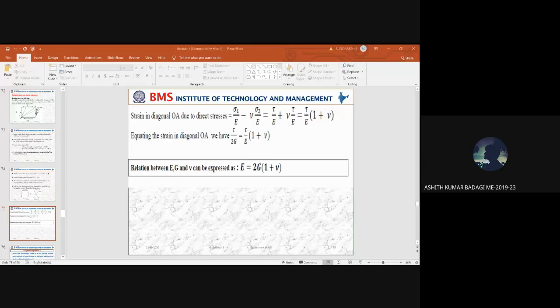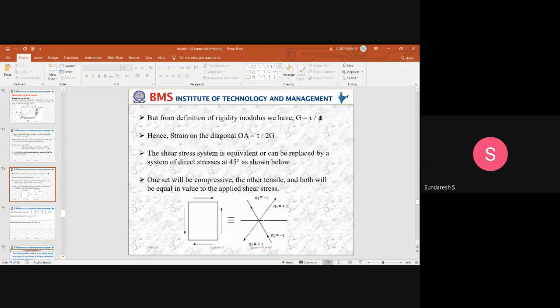Sir, can you show the previous slide, sir? Yeah, I will show. This one? Yes, sir. Yeah, tell me. No, sir, I just had to write the values. Sorry. I had to write these points, sir. That's why.